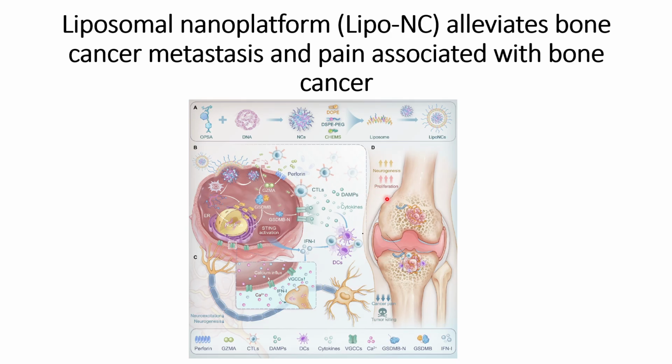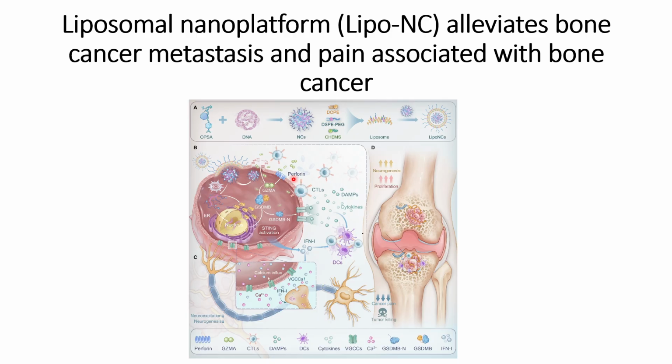The main problem with bone cancers is the metastasis and the pain associated with it, which makes it difficult for patients affected with bone cancer to live a stable life.